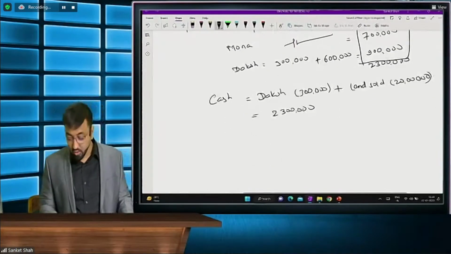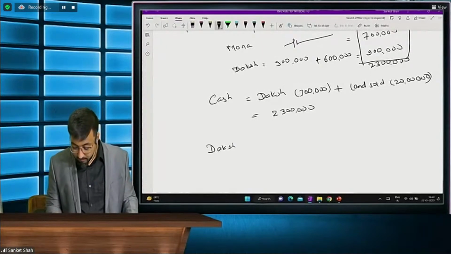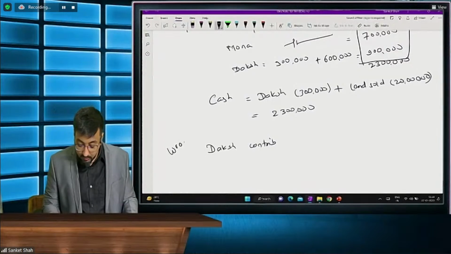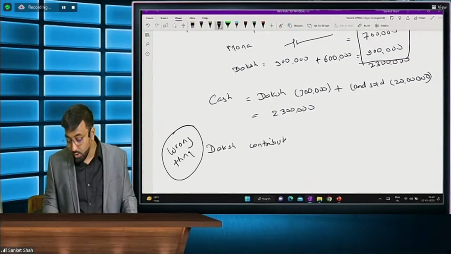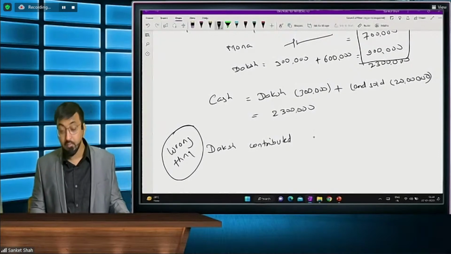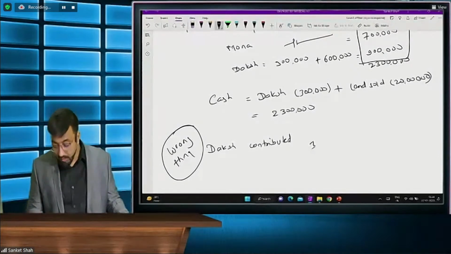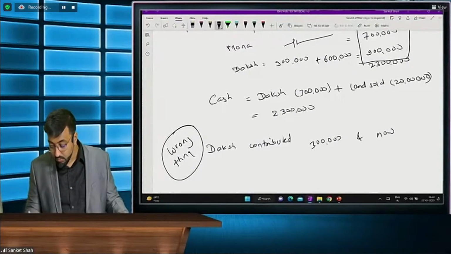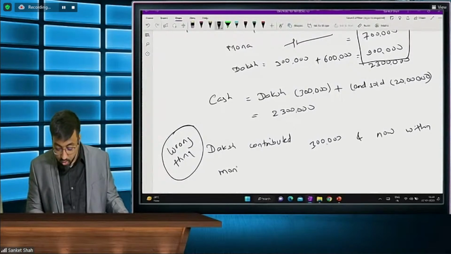So Daksh contributed. So what is the wrong thing? Wrong thing क्या है? Daksh ने कितना contribute किया? 3 lakhs. And now within a month they dissolve their partnership.